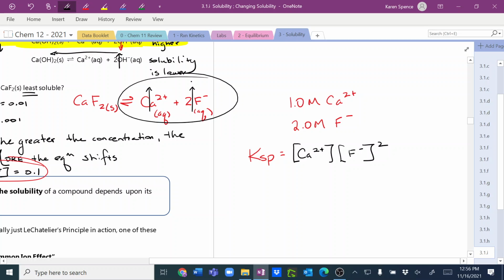Now, let's say you know what? I don't even want to do it with calcium and fluoride. I want to do it with a 1-to-1 ratio because it just makes seeing it easier. Can we do that? So let's do it with calcium and 1.0 molar sulfate. There we go.